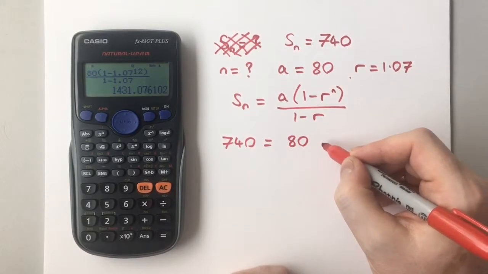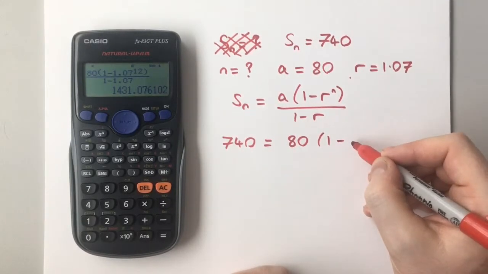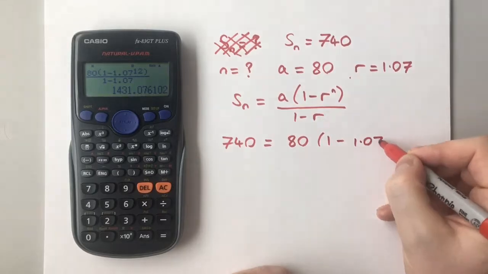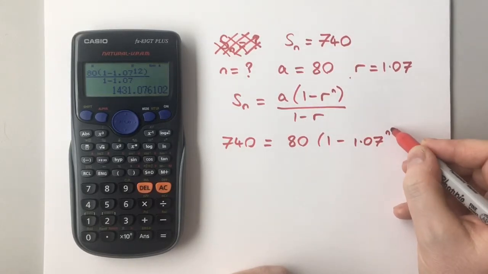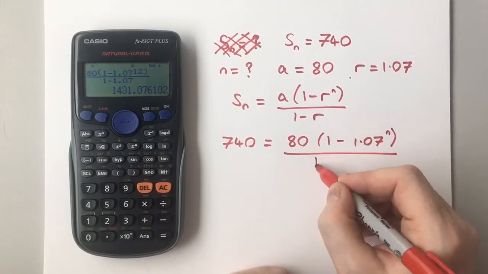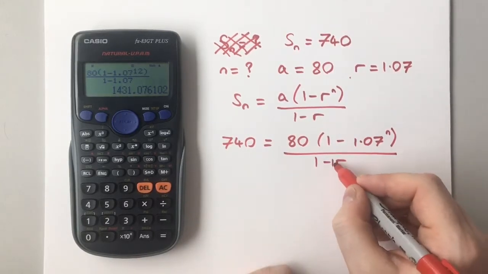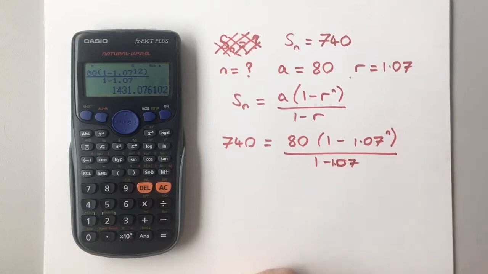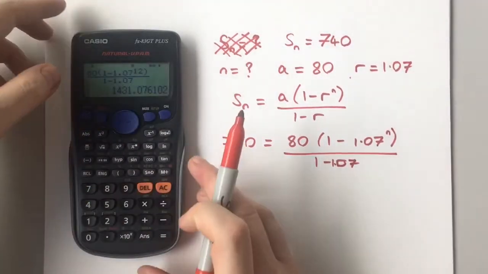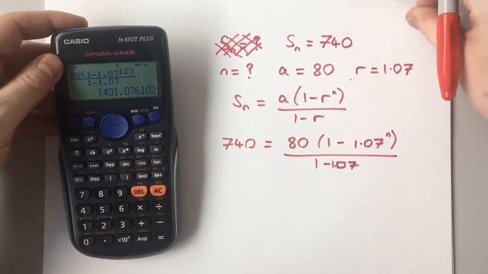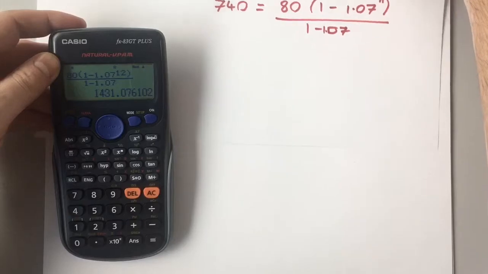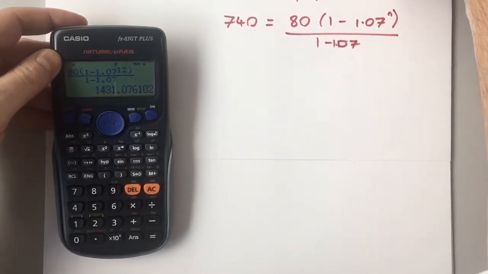A is known, 1 is 1, R is 1.07, and N is still unknown. Now this requires a bit of rearrangement. So I'm going to get some fresh paper and continue.